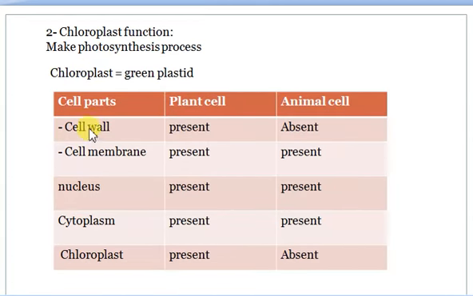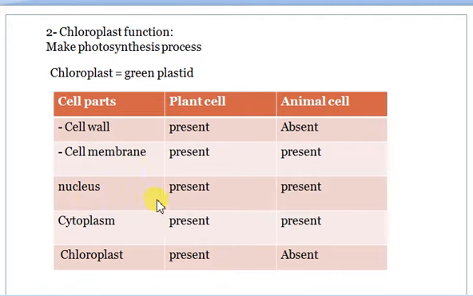Now we will differentiate between plant cell and animal cell parts: cell wall, cell membrane, nucleus, cytoplasm, chloroplast. Cell wall: in plant cell present, in animal cell absent. Cell membrane present in both.